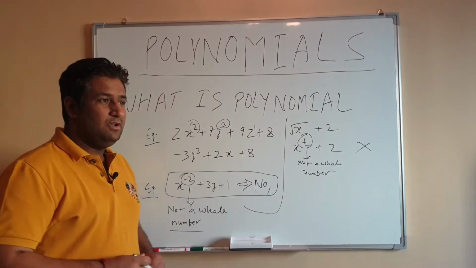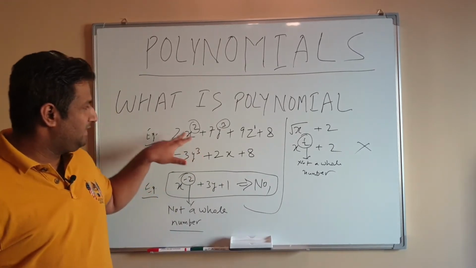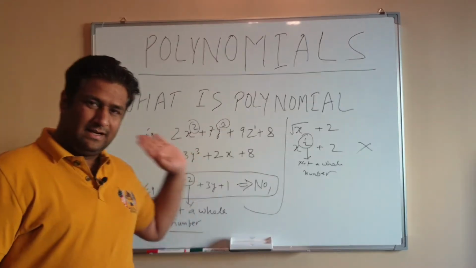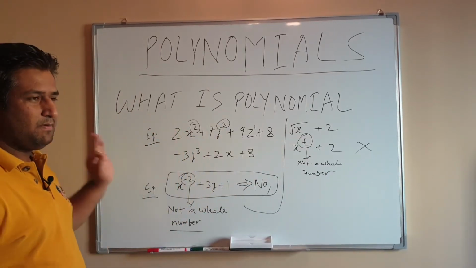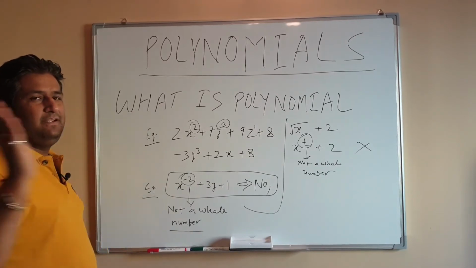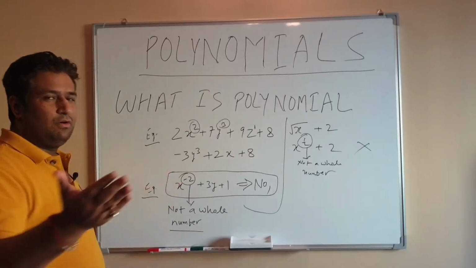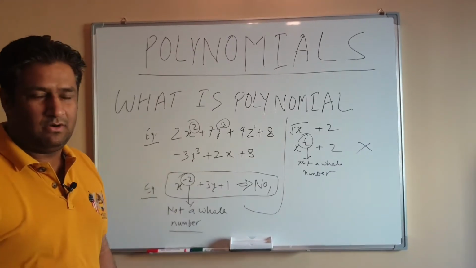The whole idea is that you have to check the degree of each and every term. It has to be a whole number. It cannot be negative, it cannot be rational. It has to be a proper whole number, as in 0, 1, 2, 3, 4, like that. It cannot be 1 by 2, or 5 by 2, or 7 by 2, like that.